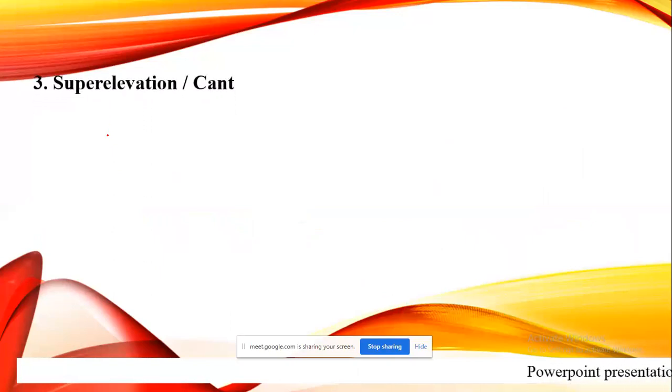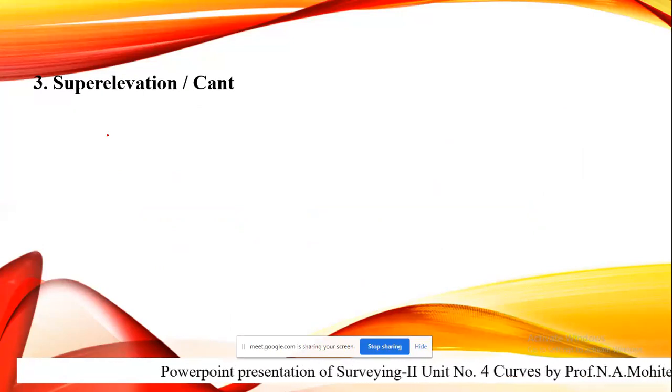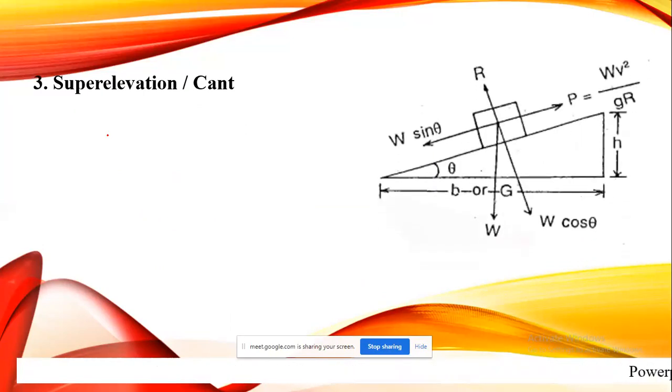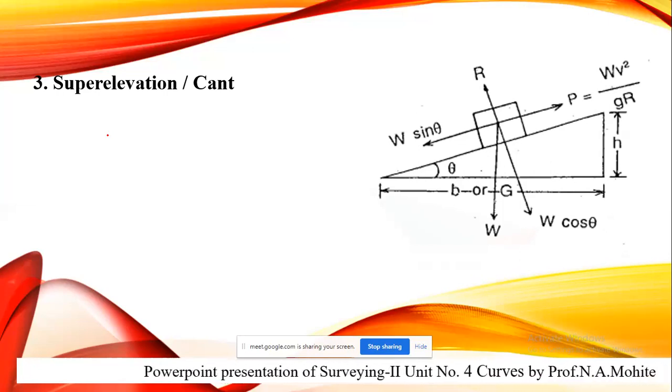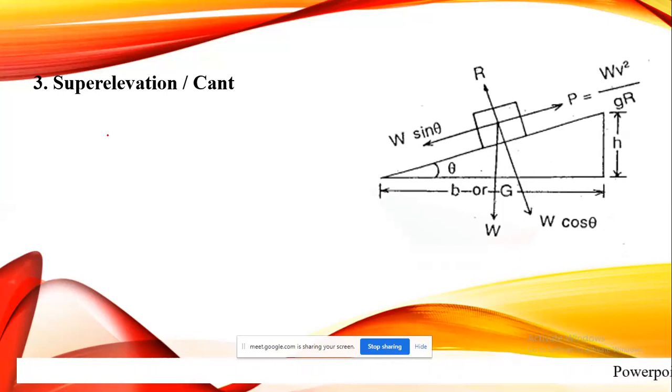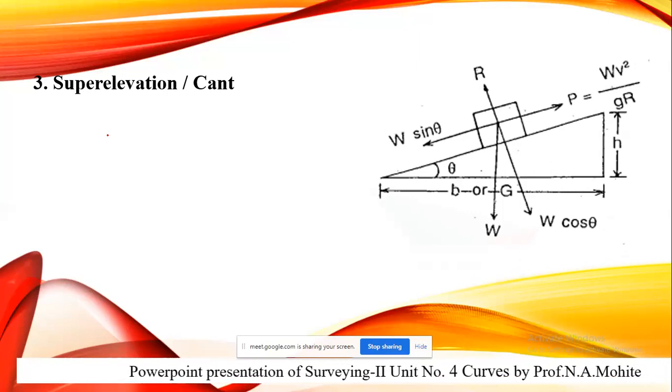the next term is super elevation, which we also call cant. When a particle moves in a circular path, a force called centrifugal force acts upon the vehicle or railway, and tends to push it away from the center.